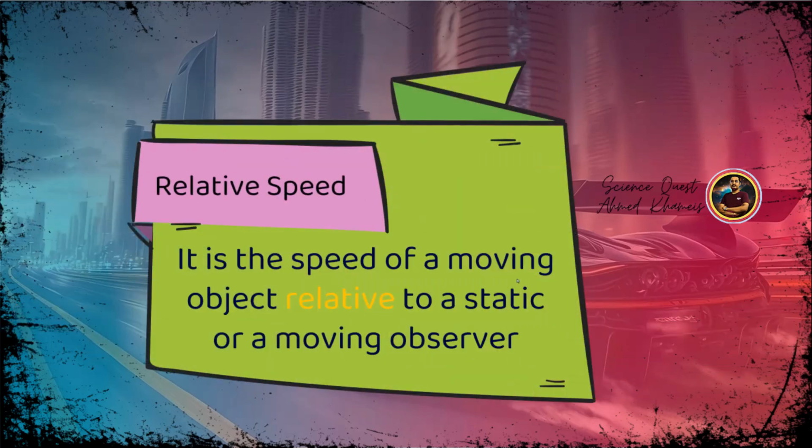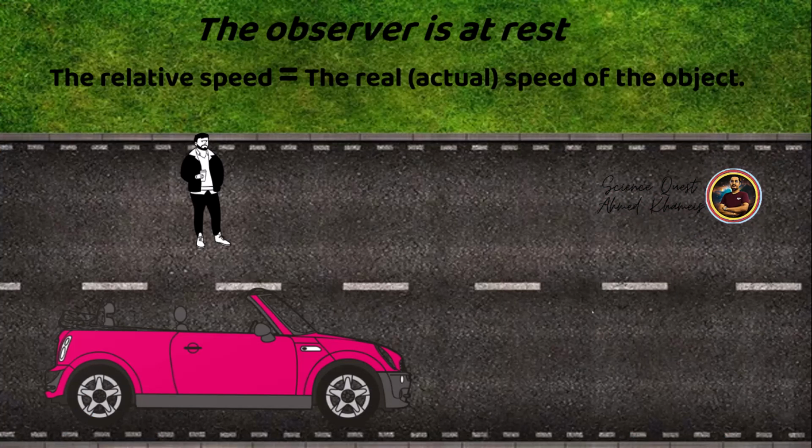The last type of speed is relative speed, which is the speed of a moving object relative to an observer, static or moving. If the observer is at rest, the relative speed will equal the real or actual speed of the object.